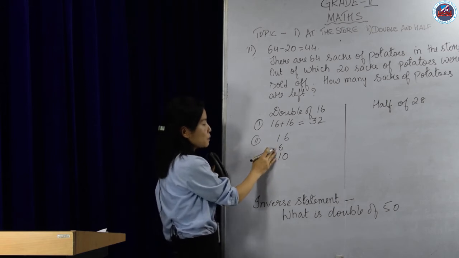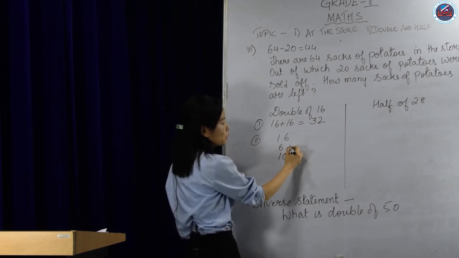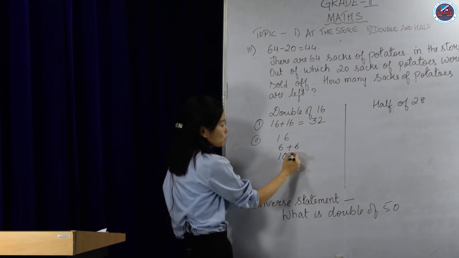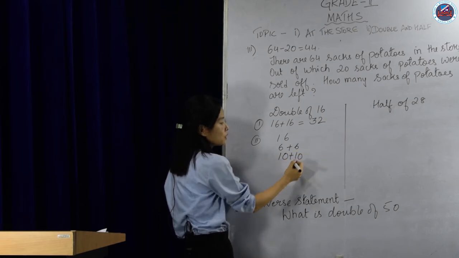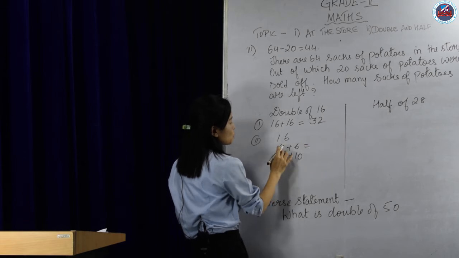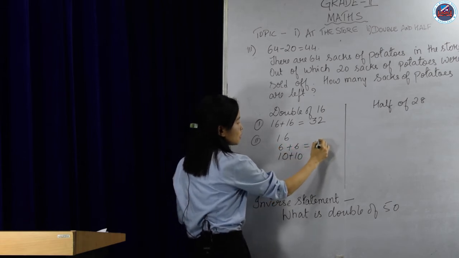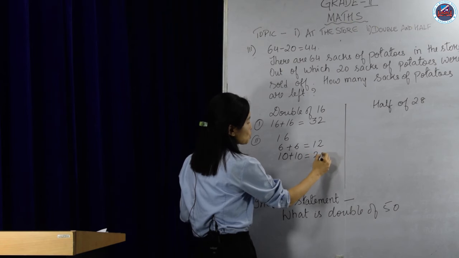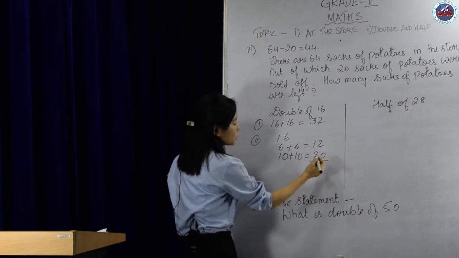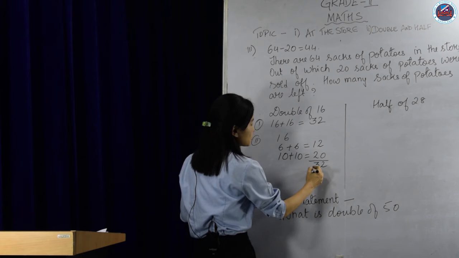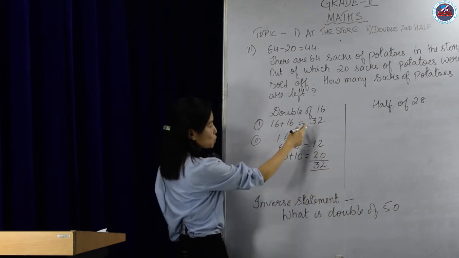Ones place is 6, so you add 6 again, and tens place is 10, so you add 10 again. You cannot use another number. So 6 plus 6 equal to 12, 10 plus 10 equal to 20. And when we add these two numbers, we get the result as 32.